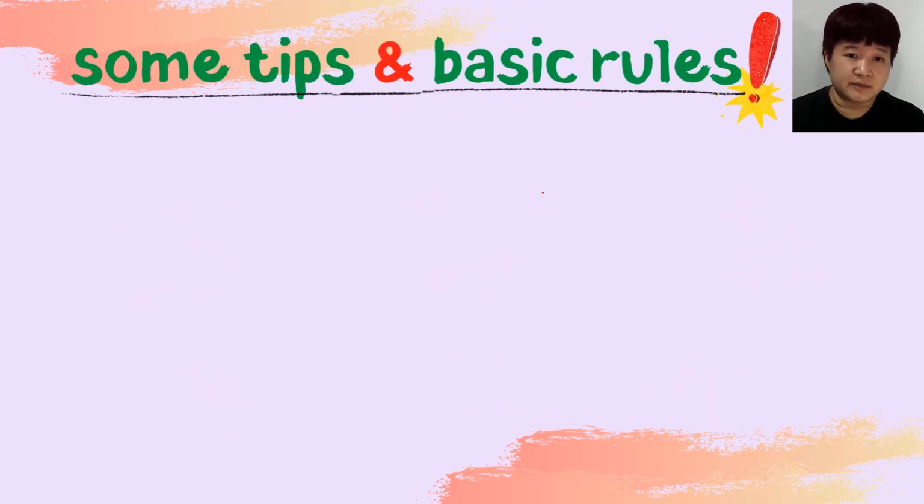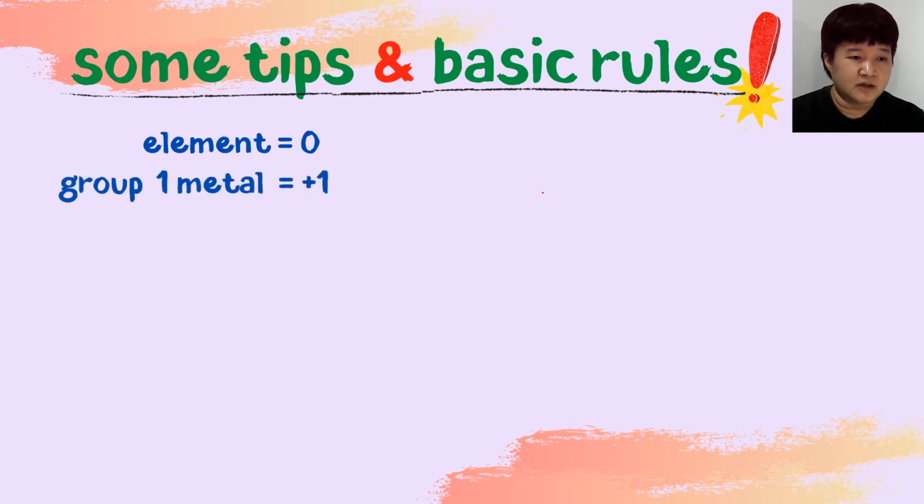We have some tips and basic rules to determine the oxidation number of an element in a particular compound. First and foremost, an element by itself has an oxidation number of 0. Group 1 metals will always be +1.